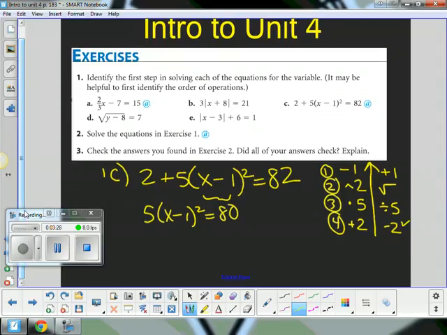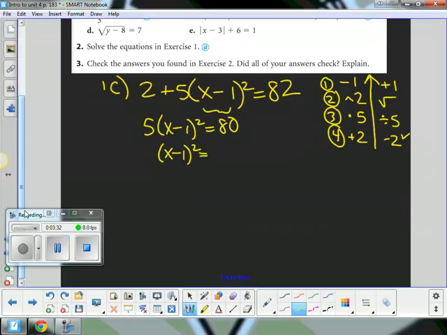Check. Divide by 5. 16. Check. I'm glad it was 16 because we're about to do what? Square root. Oh, and it's nice because the square root of 16 is possible.